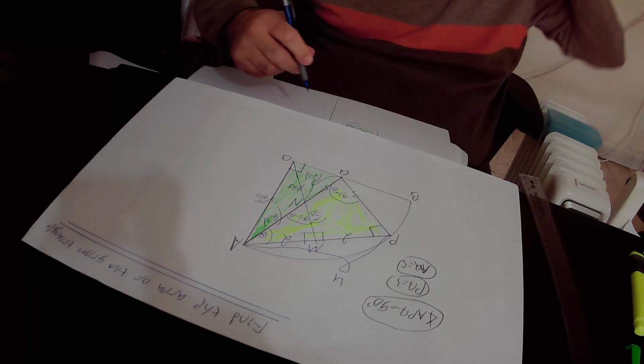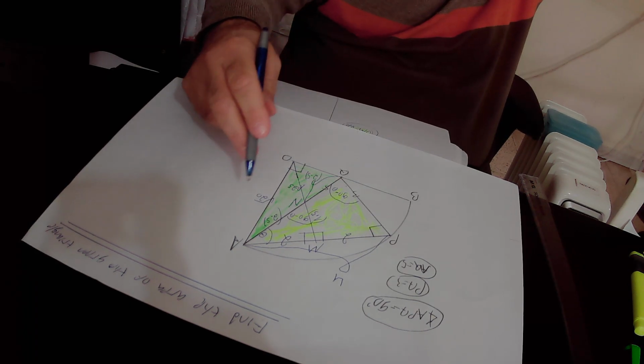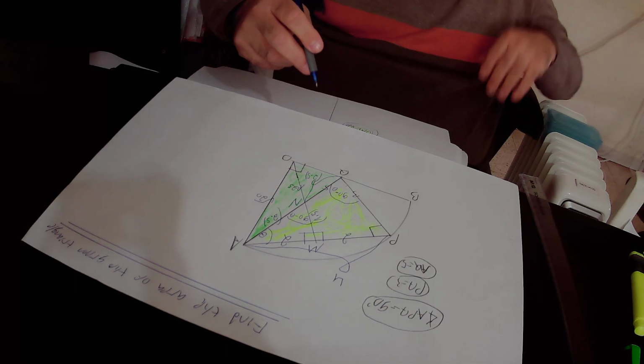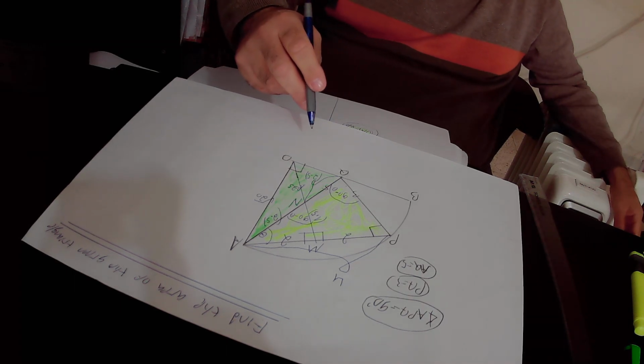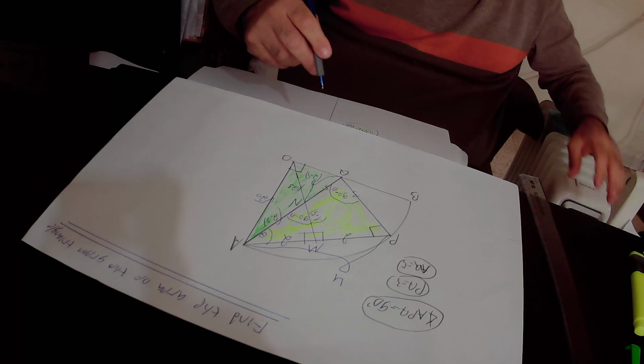In the next step, I will copy the right triangle AOQ in a new page, and we'll implement on this right triangle AOQ the Pythagoras theorem.